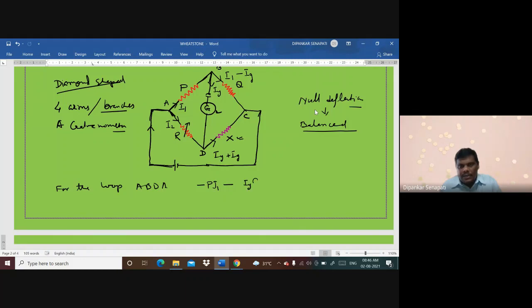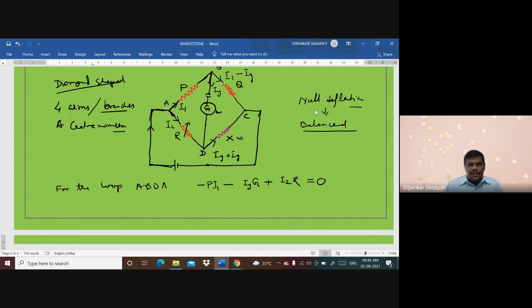Let the resistance of the galvanometer be G, so Ig times G, plus, let the resistance in this arm AD be R, then I2 times R has to be equal to 0.